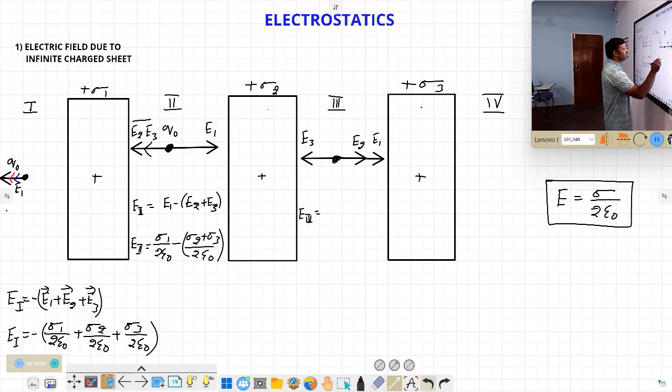That is nothing but E1 plus E2 minus E3.